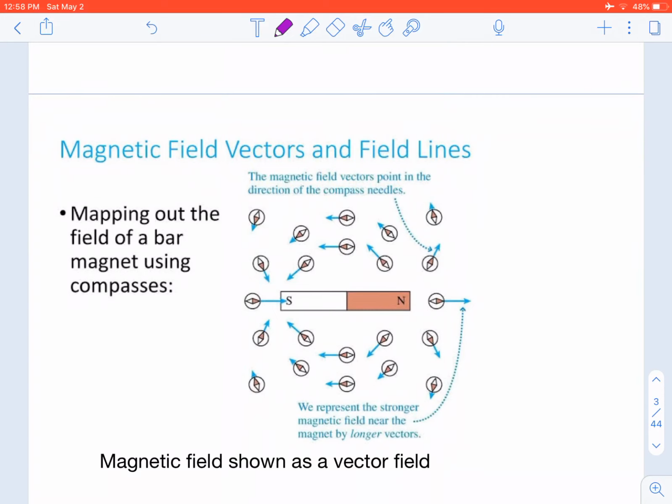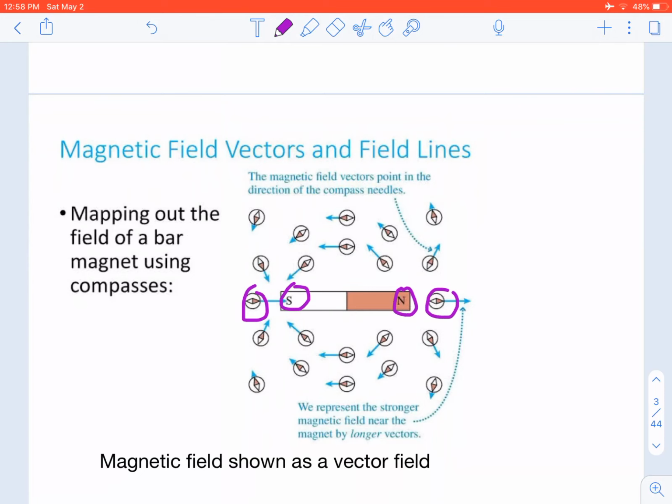The compass gives you the direction of the magnetic field. So here you've got north, there you've got south. Look at this compass needle, how is it pointing? The south is towards the magnet, right?